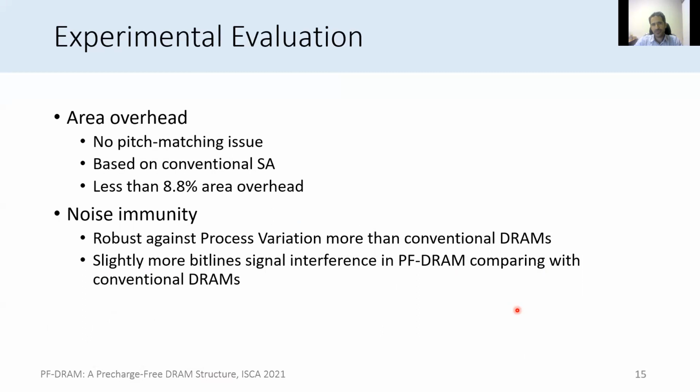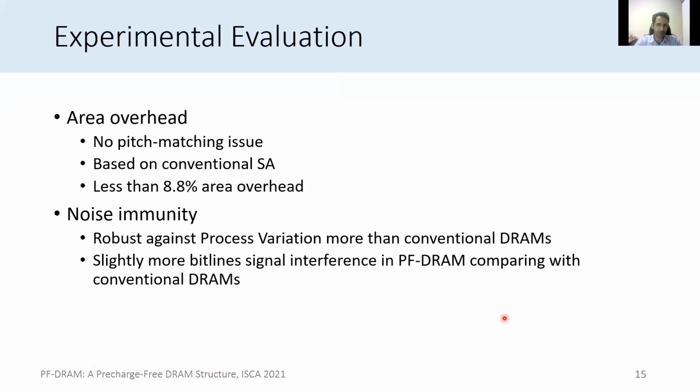Okay, since the PF-DRAM sense amplifier and other added circuits are proposed based on the conventional sense amplifiers, no pitch matching issue occurs for embedding PF-DRAM components inside the mats between the bit lines. Therefore, the overall area overhead of PF-DRAM is less than 8.8%.